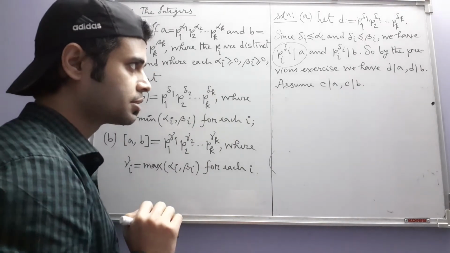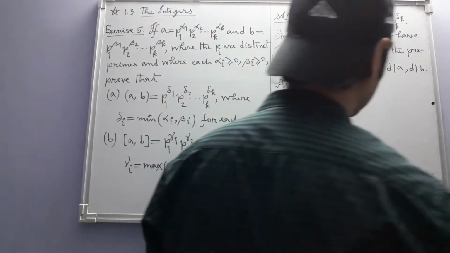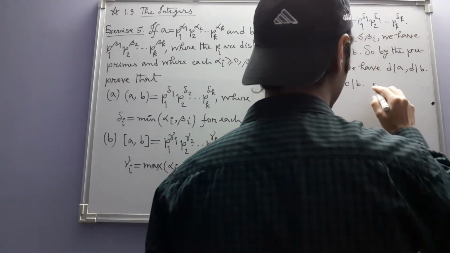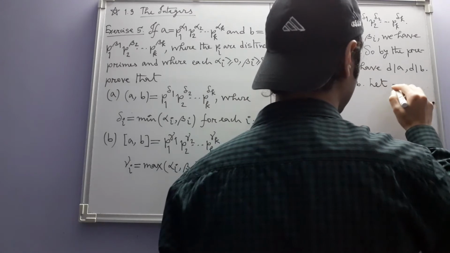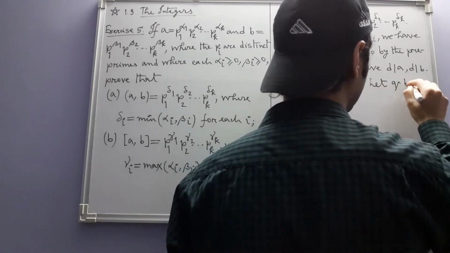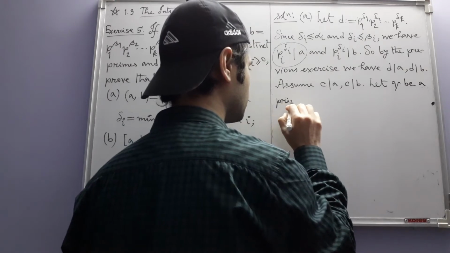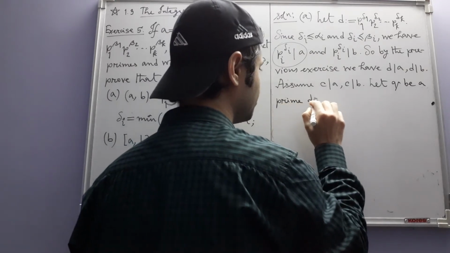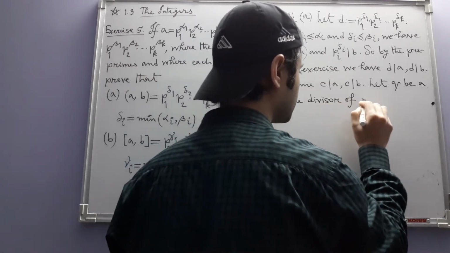Otherwise this is meaningless. So for us C is a non-zero integer. Now let Q be a prime divisor of C.